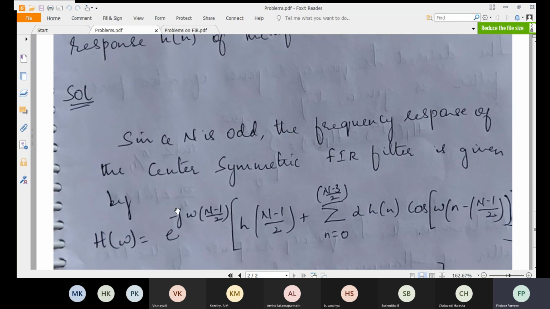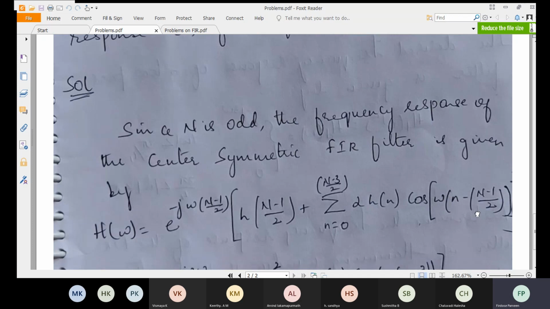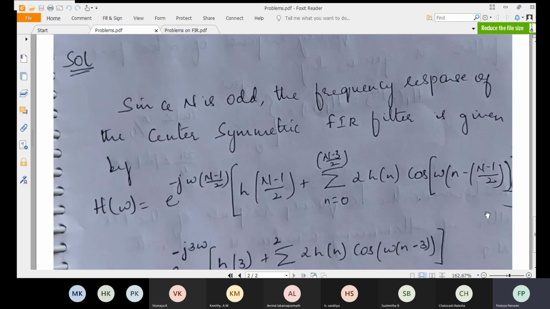It is e to the power of minus j omega n minus 1 by 2 into h of n minus 1 by 2, for when n is odd. When n is even, the formula is different. I think in the first class of this module, I have given some list. In that it is h of n minus 1 divided by 2 plus summation n is equal to 0 till n minus 3 by 2 of h of n cos of omega of n minus 1 by 2.